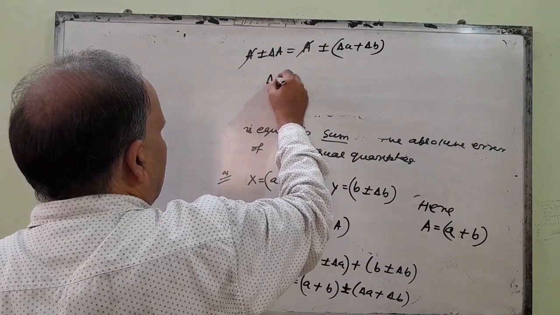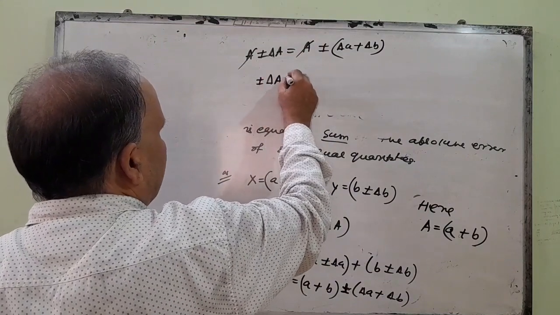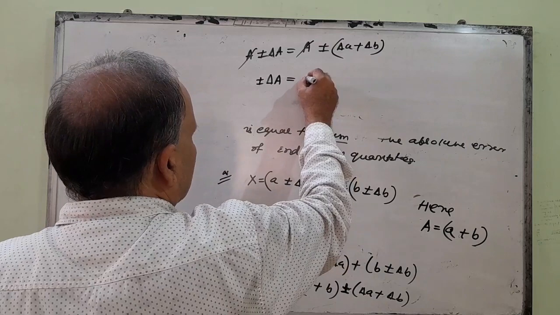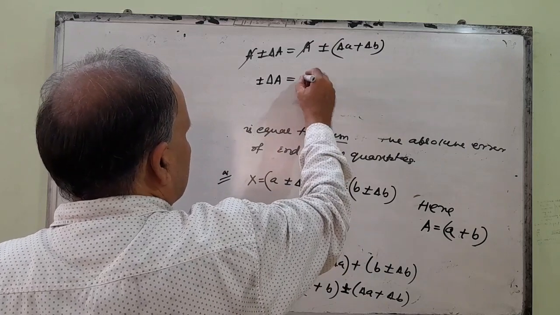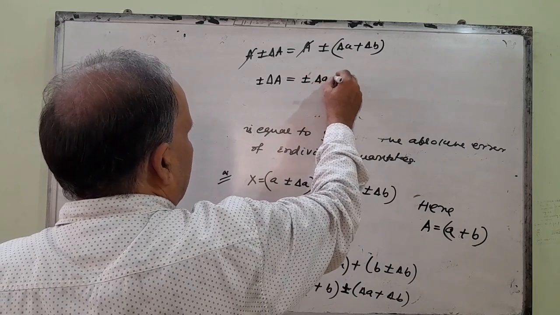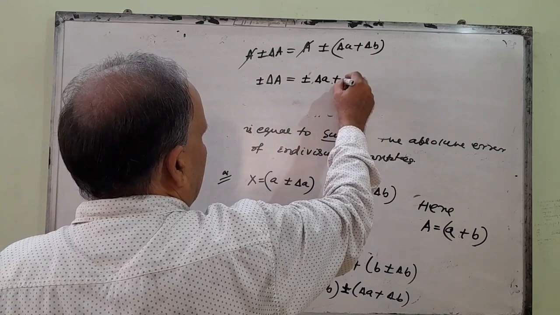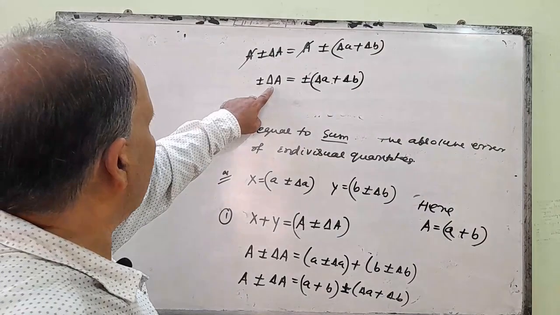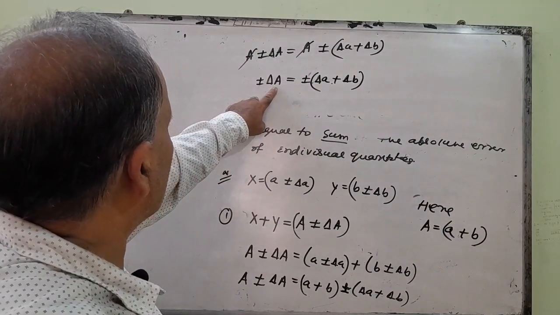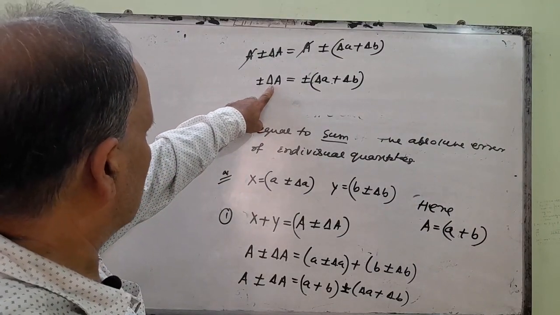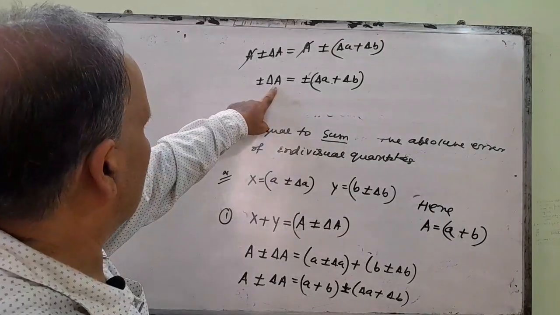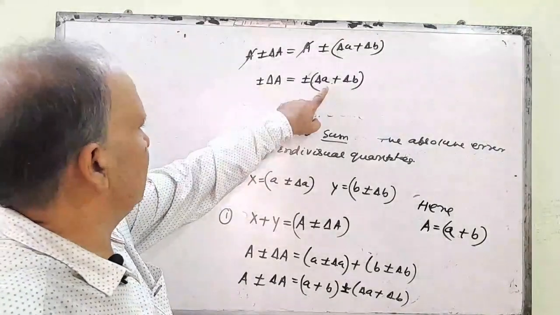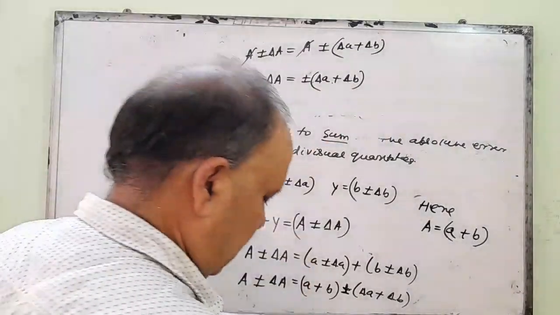That is your delta a plus minus delta a is equal to plus minus delta a plus delta b. You see, delta is the sum of the error of two terms, which is equal to delta a plus delta b.